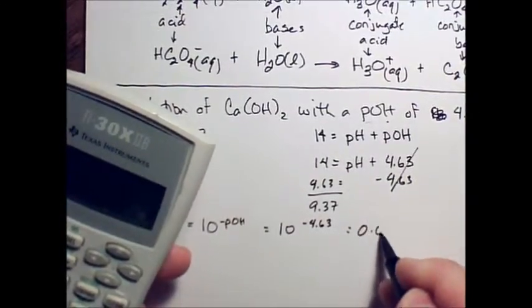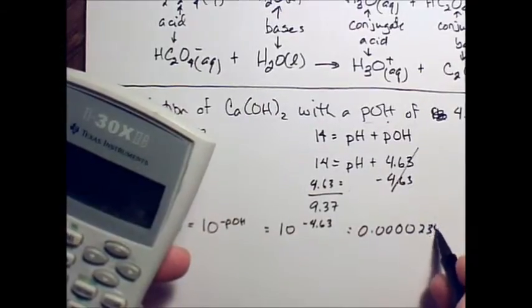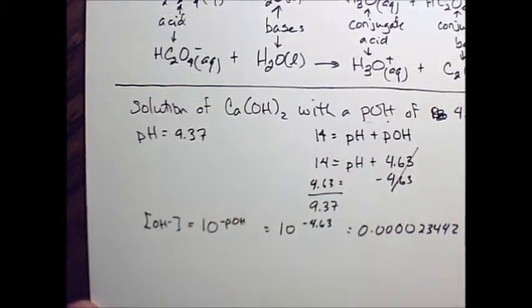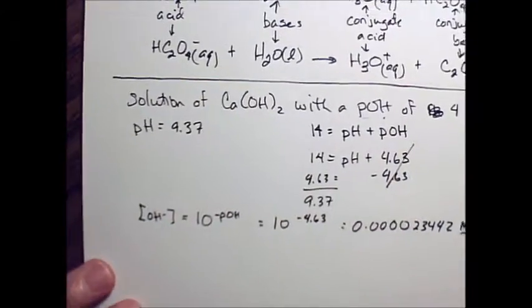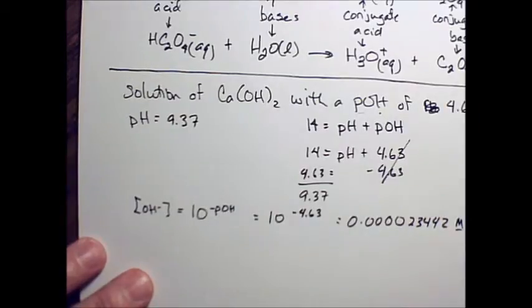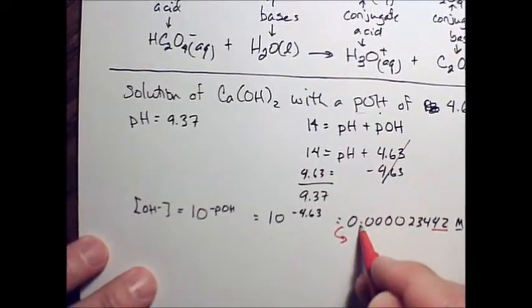So 0.000234442. Okay. They need 3 significant digits. This is in molar. That's the molar concentration. I can use scientific notation if I want to.